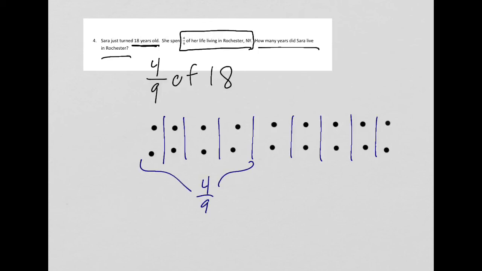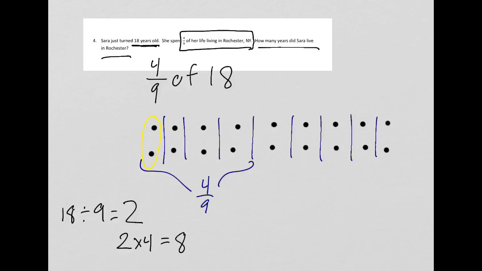So I can visually count that, or I can do it mathematically. What I've done is I started with 18 and I first divided it by 9 because I split it into 9 groups. Then once I do that and I get 2, which represents the 2 that are in each group, I know there are 2 in each group. 2 is 1/9. So then to find 4/9, what I do is I do 2 times 4. So I'm going to get 8.